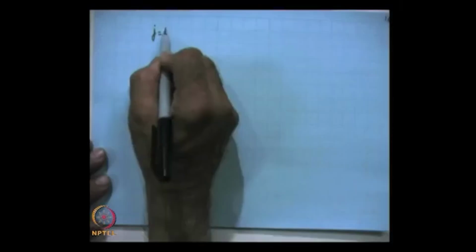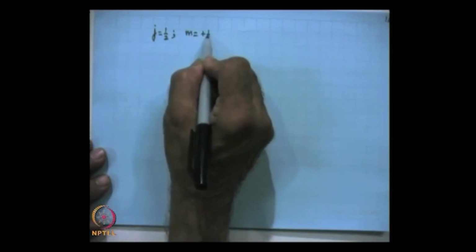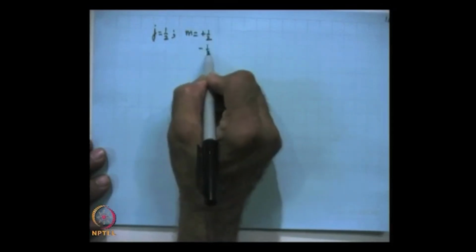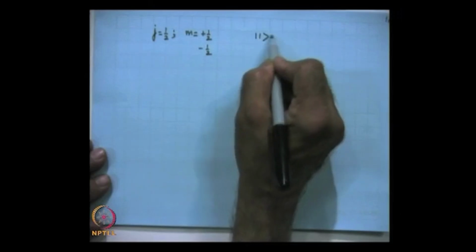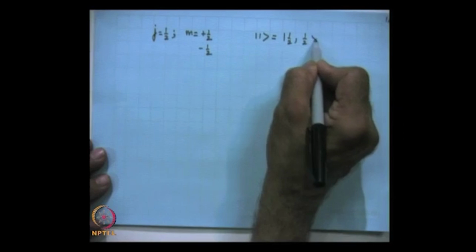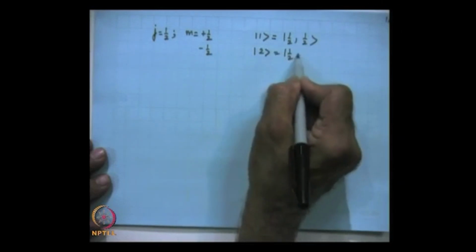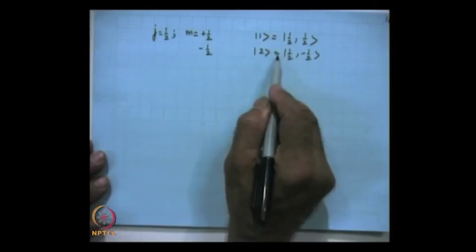So, let me take these as my base vectors. I consider j is equal to half, then m is equal to plus half and minus half. So, the base kets are ket half comma half, and the second is ket half comma minus half. These are simultaneous eigenkets of j square and jz.